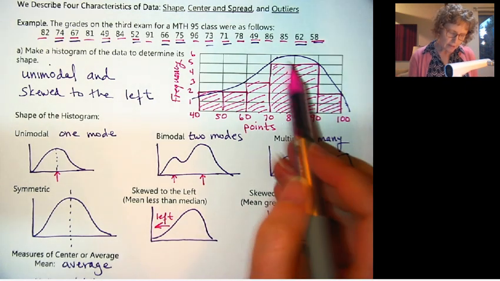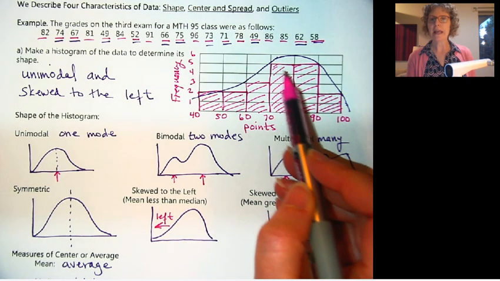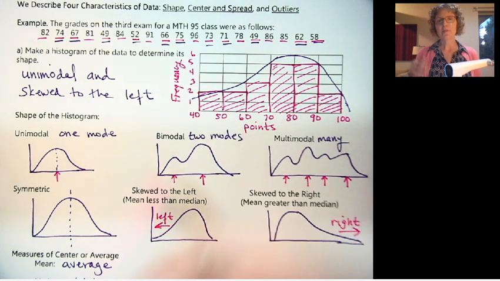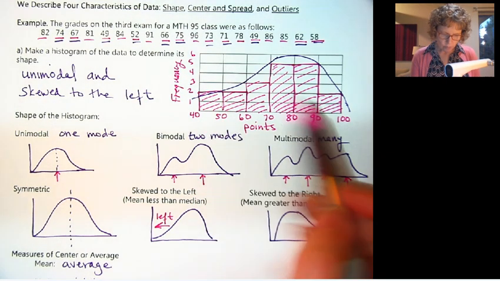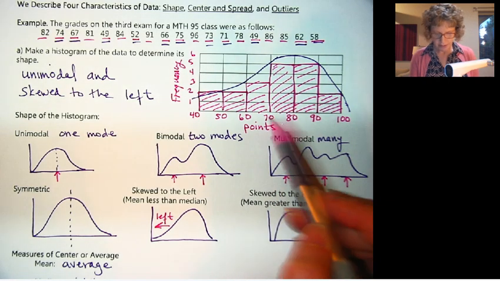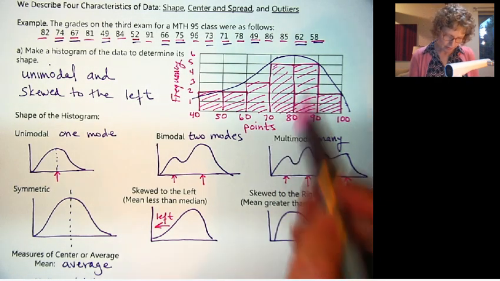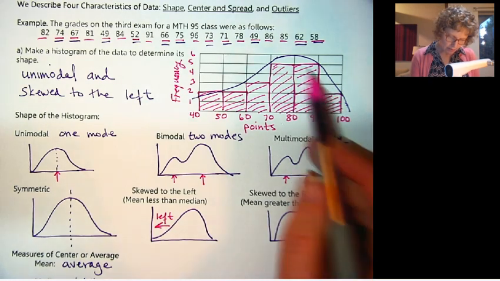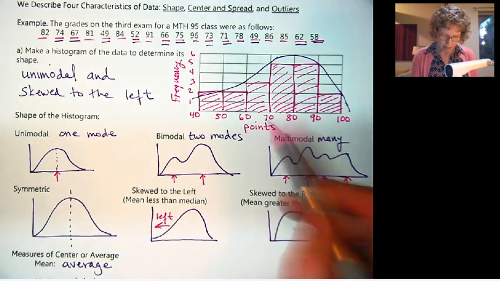What's going on is there are a lot more scores around 80 than there are around 49. It's just that two people happen to get exactly the same score of 49, but that wasn't a very popular score. Way more people actually scored from 70 to 90, and in fact about half, because it's 5 and 5, so that's 10. About half the class is between 70 and 90.